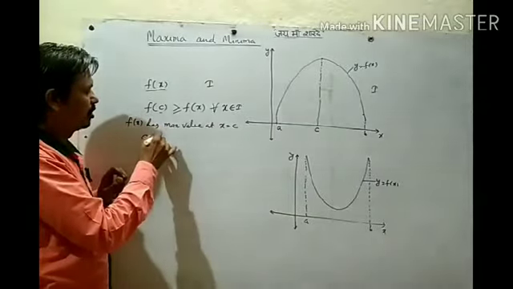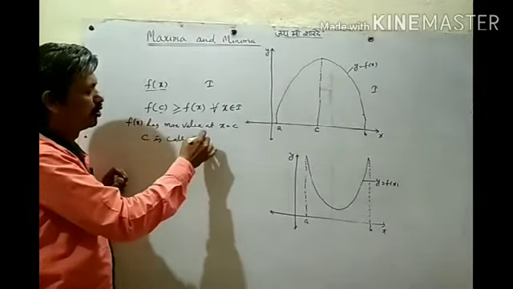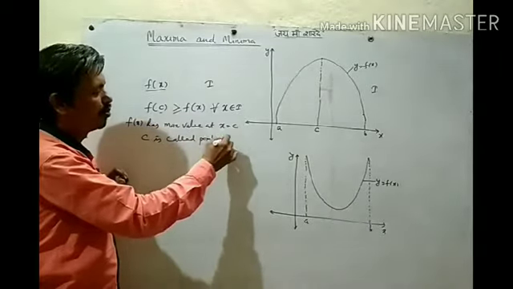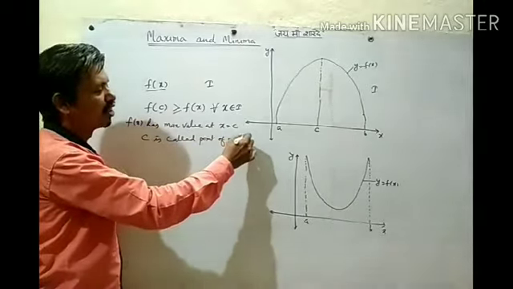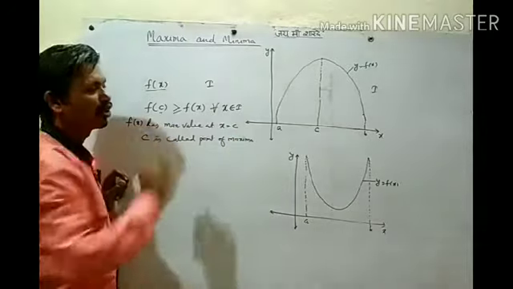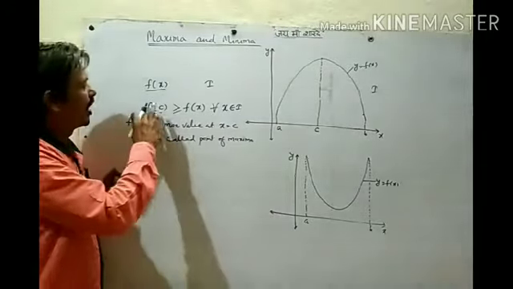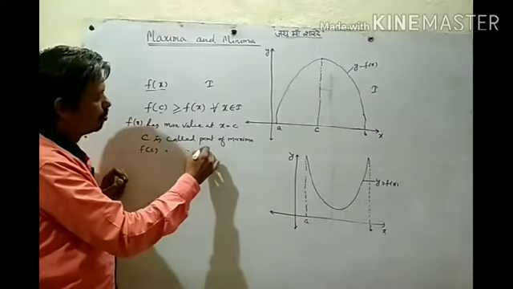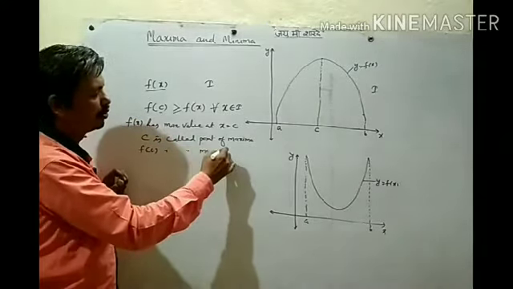C is called the point of maxima. And f of C is called the maximum value.